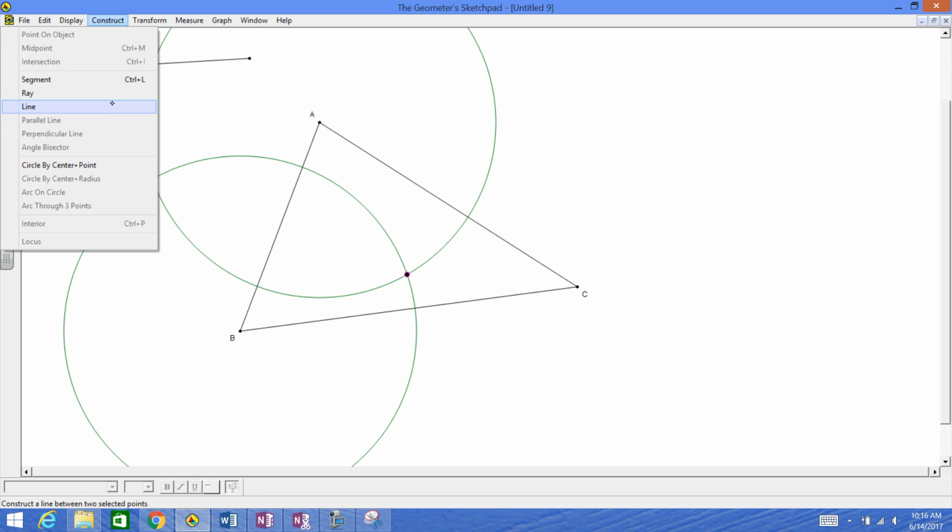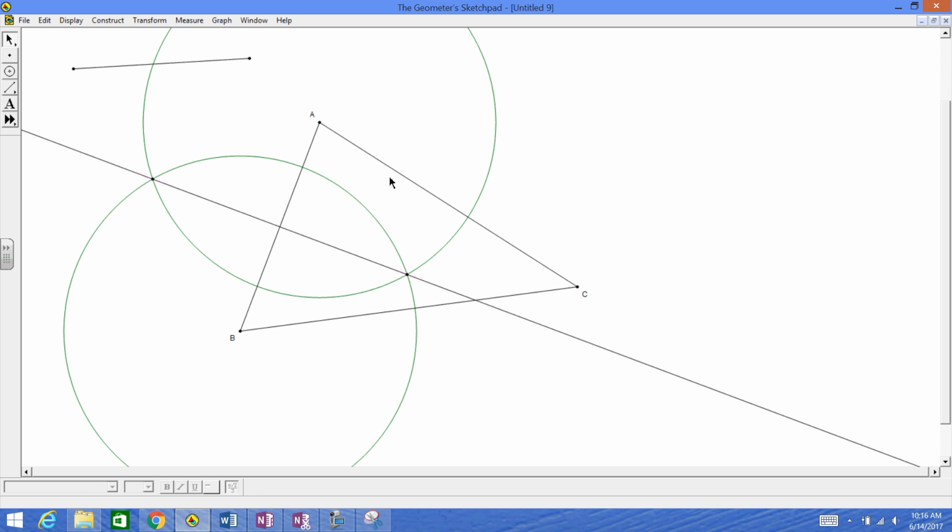So I'm going to construct that line. Now, somewhere on this line will be the circumcenter of the circle. What I'll do is I'll go find the perpendicular bisector of BC right after I clean this up a little bit for you.